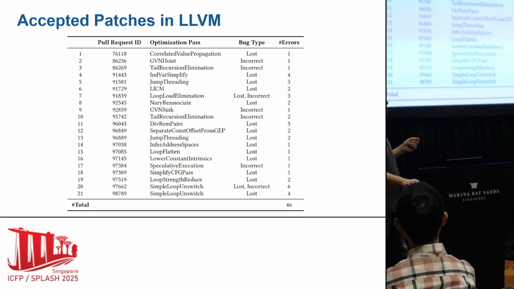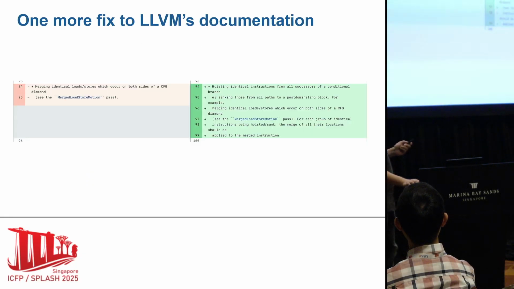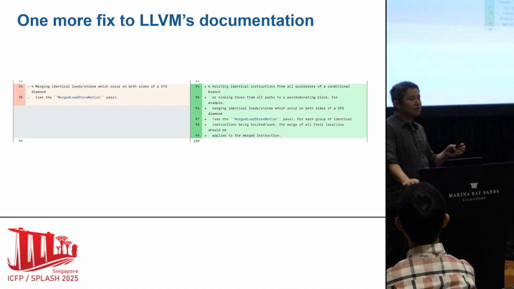And I think, to my knowledge, this is the first piece of work that can propose actual working patches for a real-world compiler system like LLVM. Okay? And on the other hand, because we have analyzed enough data, right?